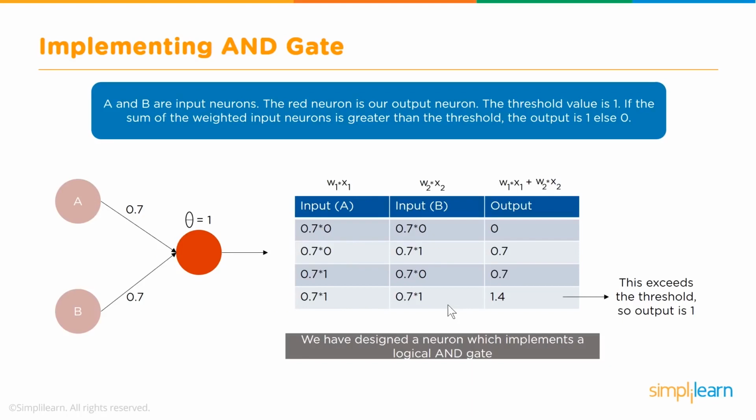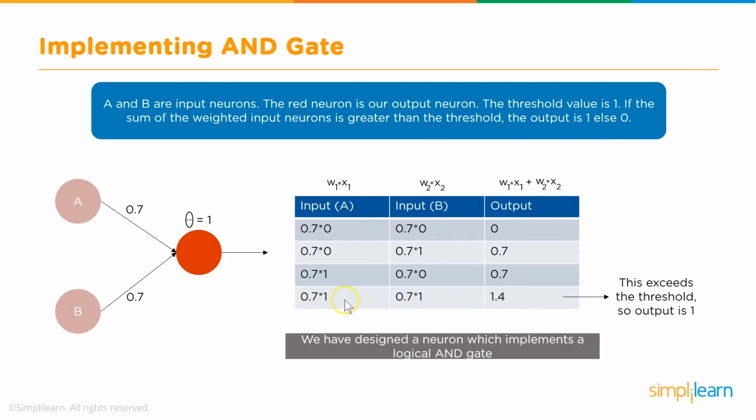So how do we implement this with a neuron? It was found that by changing the values of the weights, it is possible to achieve this logic. For example, if we have equal weights like 0.7 and 0.7, and then we take the sum of the weighted products, 0.7 into 0 and 0.7 into 0 will give you 0, and so on and so forth.